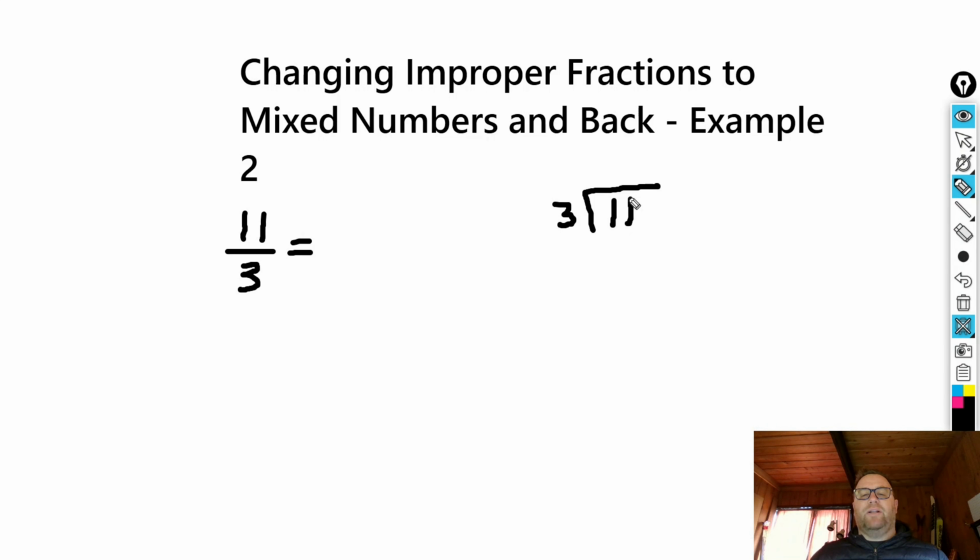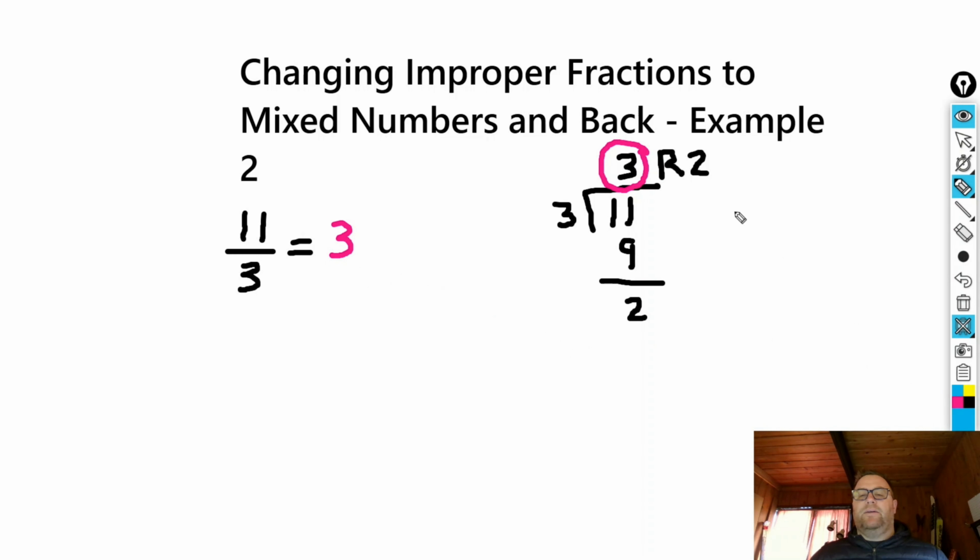So 3 goes into 11 3 times. 3 times 3 is 9. 11 minus 9 is 2, so we have a remainder of 2. So this part is going to be the whole number part. So we're going to have 3.